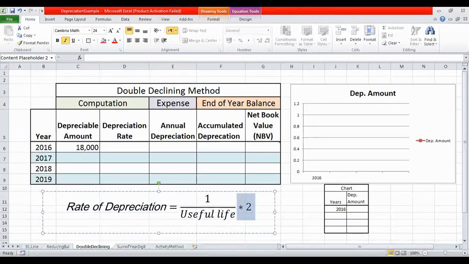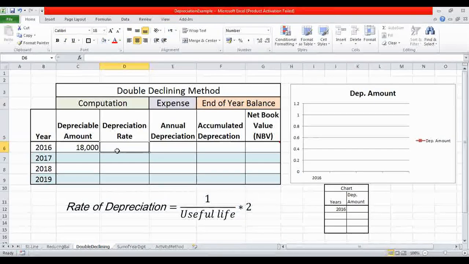So we will start this method with 18,000, exactly the same schedule. We are not changing the schedule so that you do not get confused by different schedules. If we use the depreciation rate formula which is in front of you, then the depreciation rate comes out to be 50%.